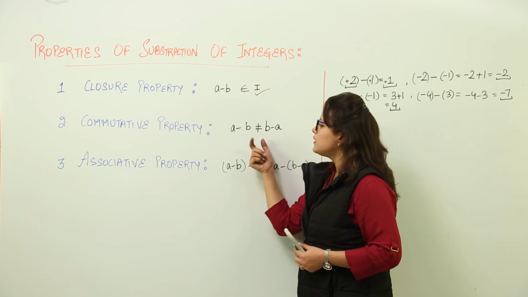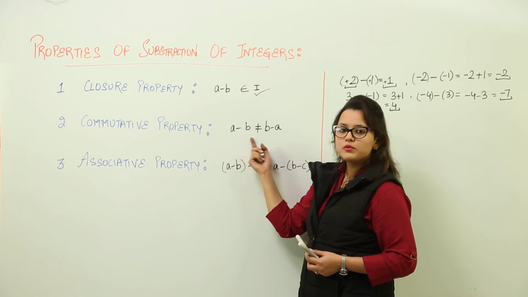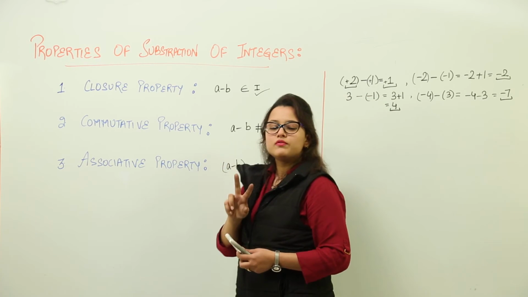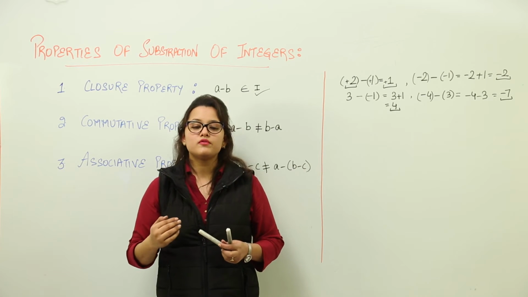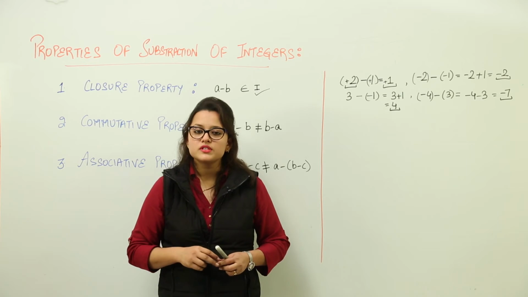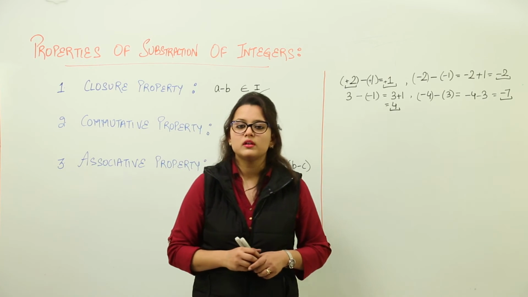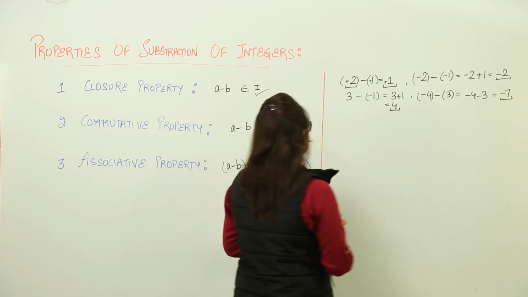The next is the commutative property. For commutative property, we have that the subtraction of integers is not commutative. That means if you subtract one integer from the other integer, it will not give you the same result as subtracting the other integer from the previous one, right? Let us take an example.